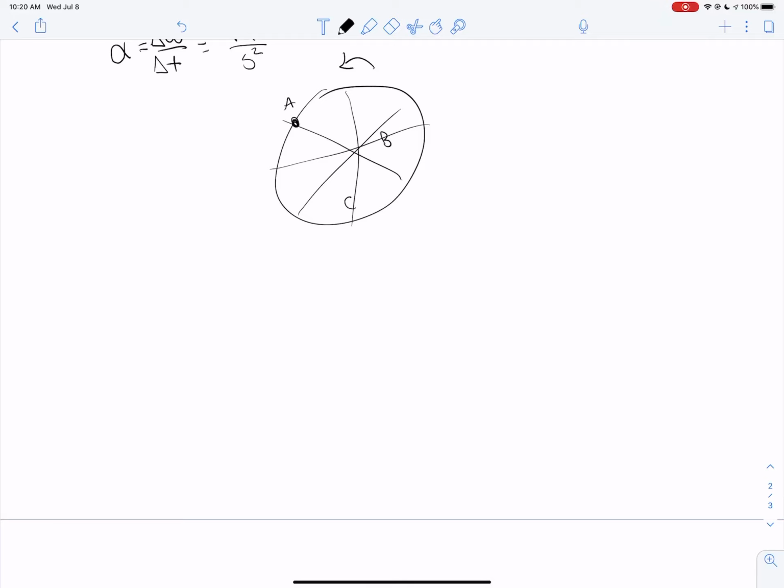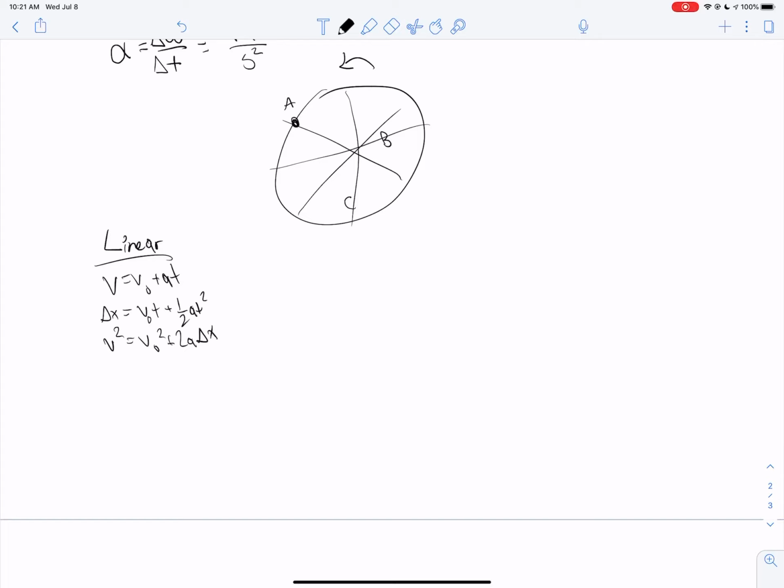In linear motion, we had the following kinematic equations: v is equal to v naught plus at; the change in x is equal to v naught t plus 1/2 at squared; and lastly, v squared is equal to v naught squared plus 2a change in x.